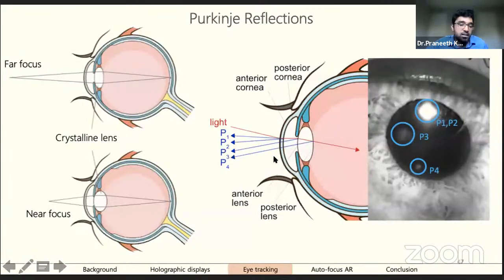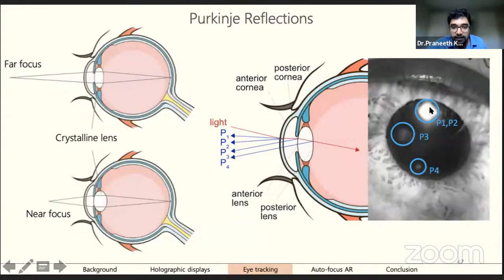The cornea is a very thin surface, the anterior and posterior cornea. So the light that is reflected at these two interfaces closely overlaps. Here you see the Purkinje reflections 1 and 2 from the cornea. And the Purkinje reflections 3 and 4 are coming from the anterior and posterior, the front and back surface, of the eye lens. And those reflections you can see here. The interesting thing is the cornea doesn't change its shape, so it's always constant.